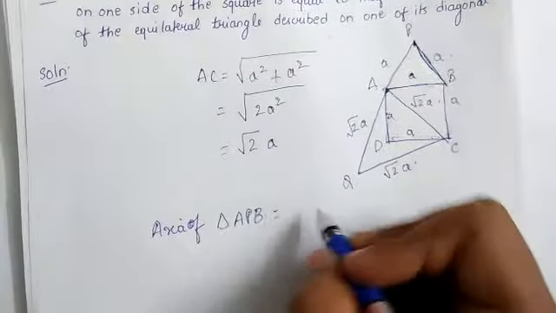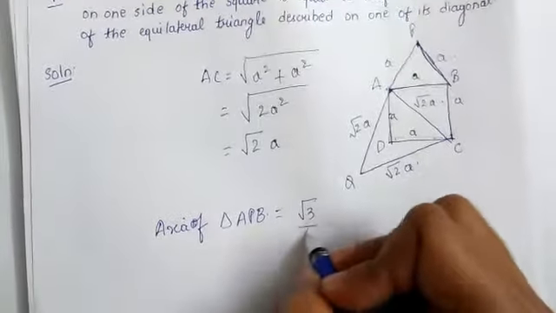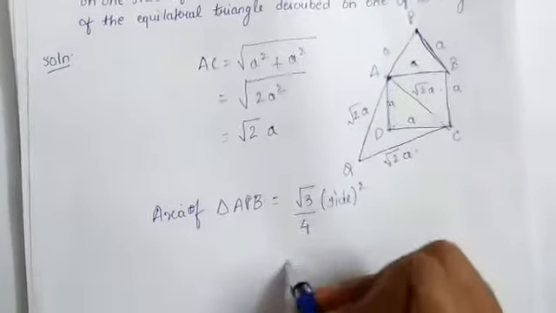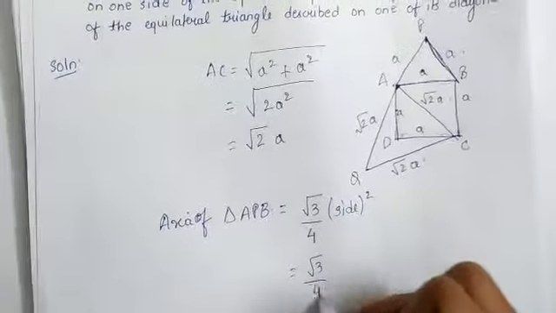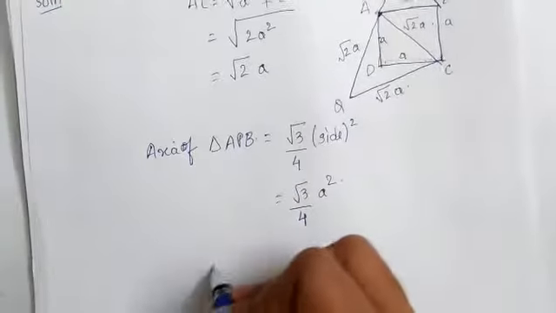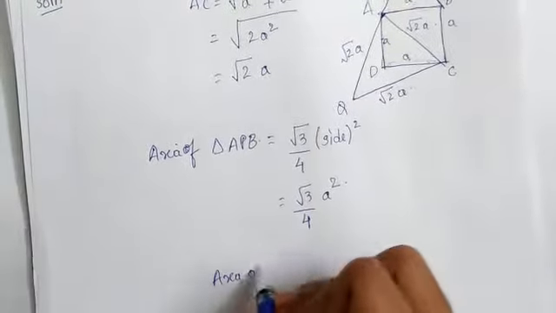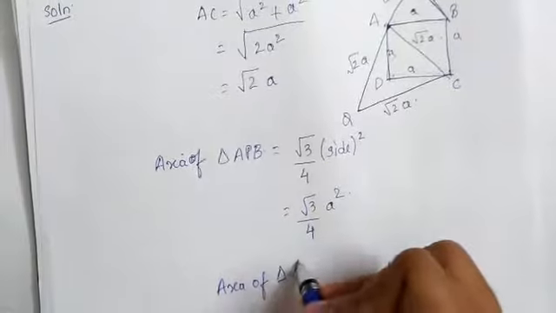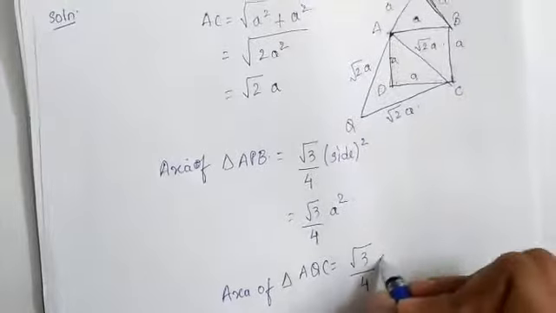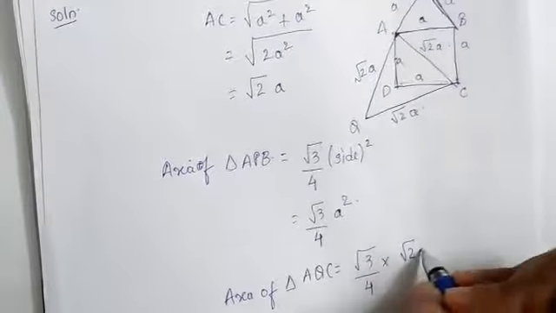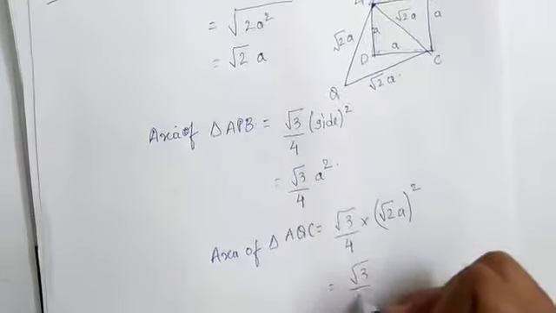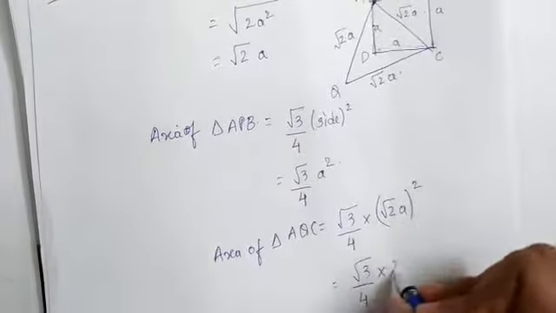First of all, the area of an equilateral triangle is root 3 by 4 into side square, whatever the side is. In the first case, the side is A, so root 3 by 4 A square. Then the area of triangle AQC will also be root 3 by 4 side square, but the side here is root 2A whole square, so root 3 by 4 into 2A square.